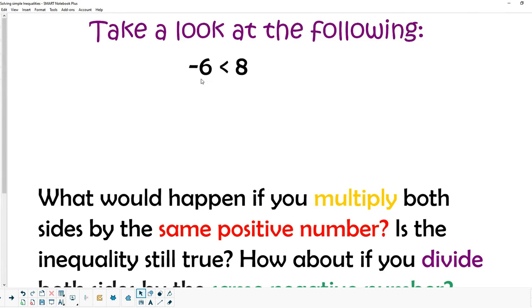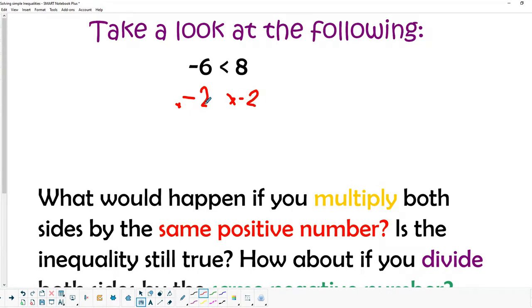If we have negative 6 is less than 8, we can see that that's readily true. But what would happen if I multiplied both sides of that inequality by negative 2? So I'm just going to multiply by a negative number.